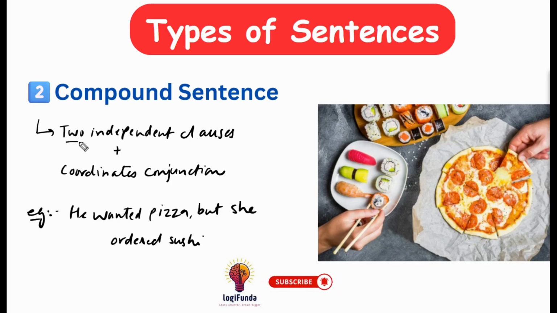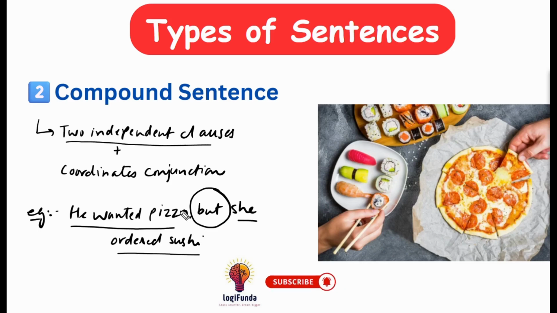So we have two independent clauses here. He wanted pizza, but she ordered sushi. And there's a coordinating conjunction, which is but here, right? So these types of sentences are known as compound sentences.